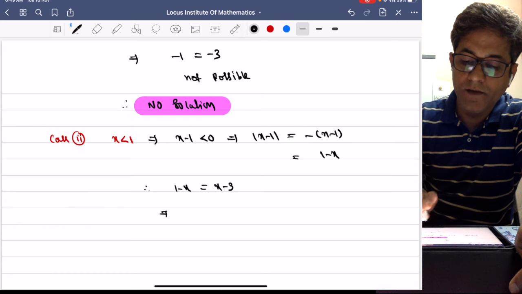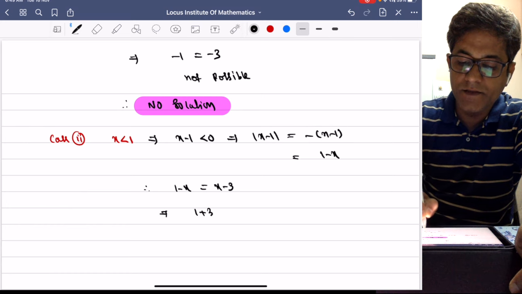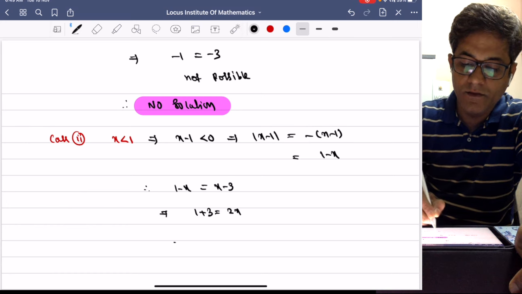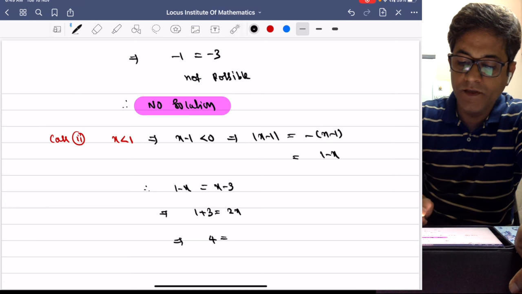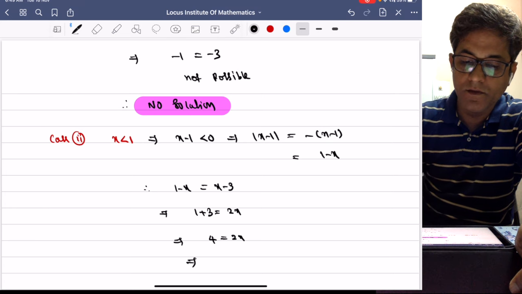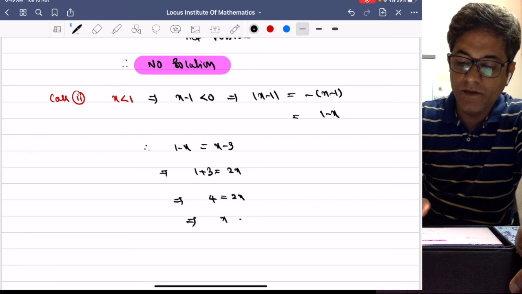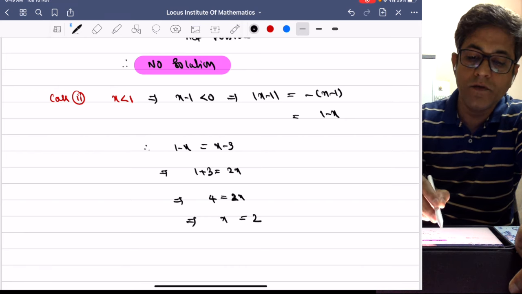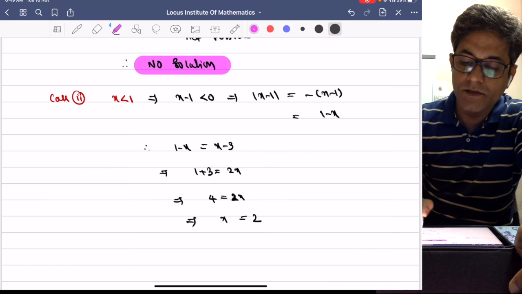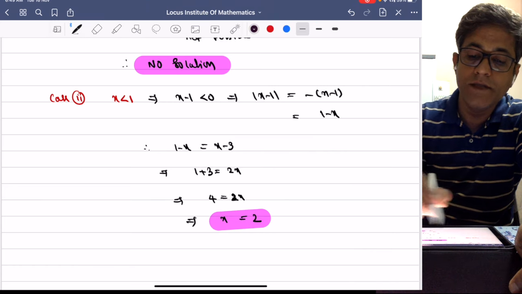So from here, 1 plus 3 equals 2x. That implies 4 equals 2x. That implies x equals 2. So here we got x equals 2, but our case is what? x is less than 1.